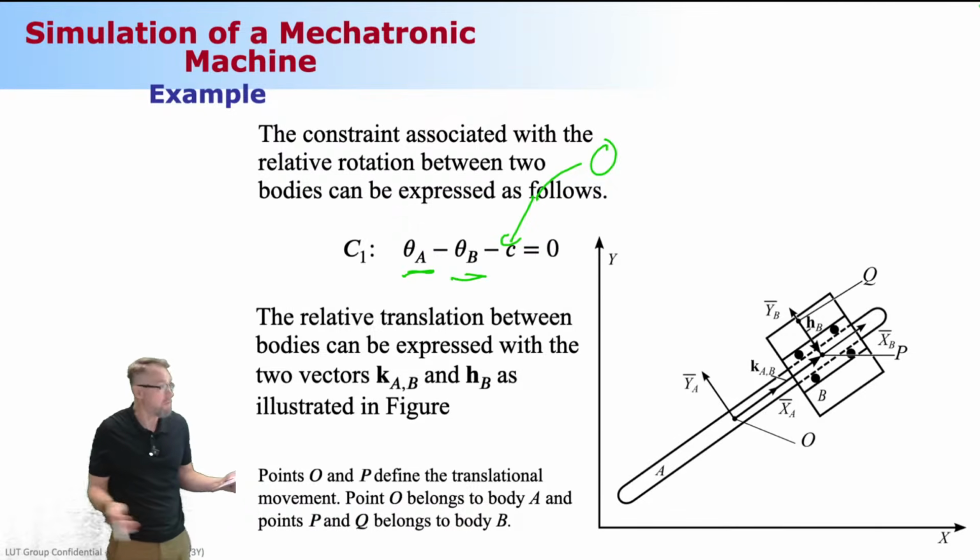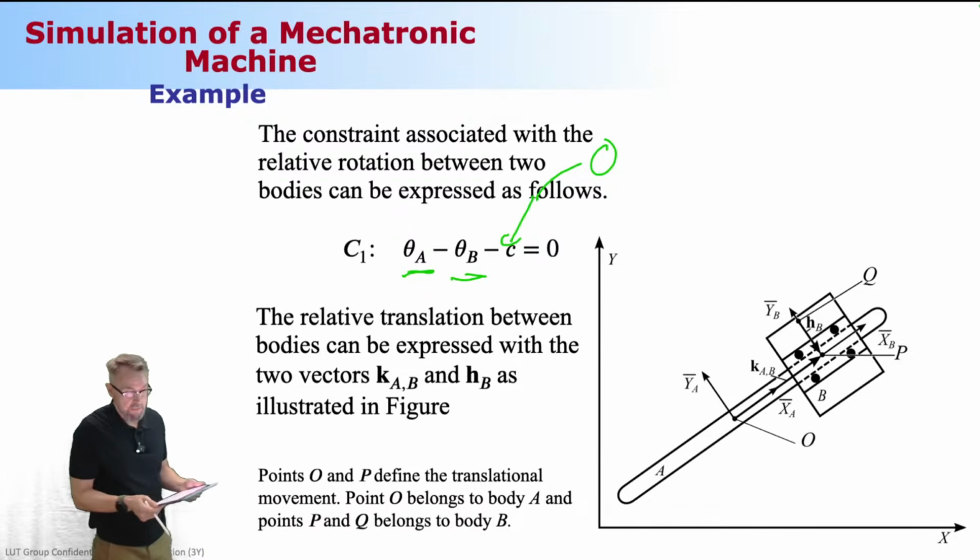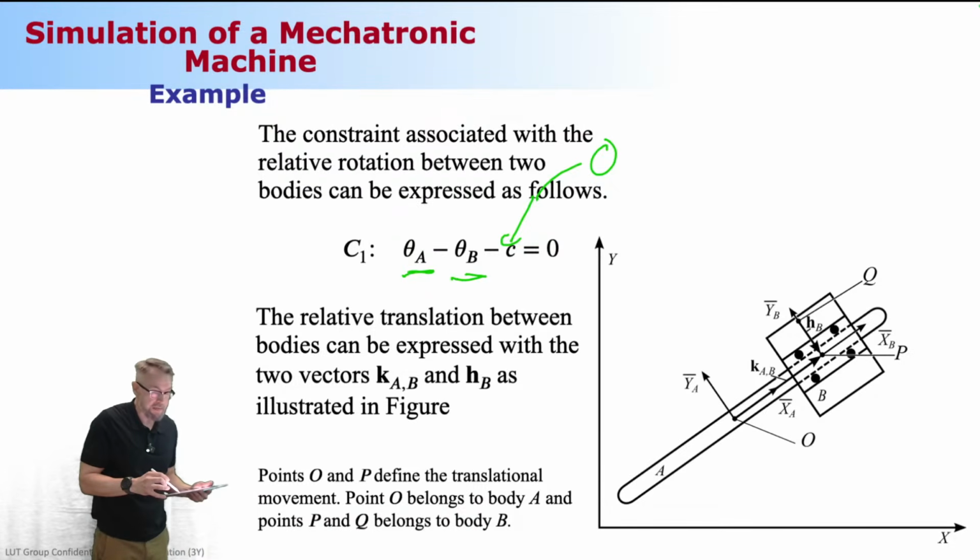Not complicated at all. The second one is going to be the one that allows this sliding, this relative translational motion. How are we going to do that? We're going to make it happen by setting two vectors perpendicular with respect to each other. This is an orthogonality configuration.